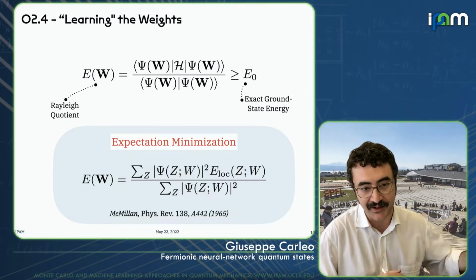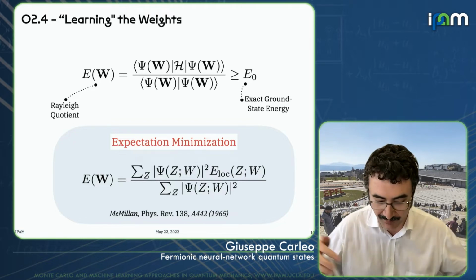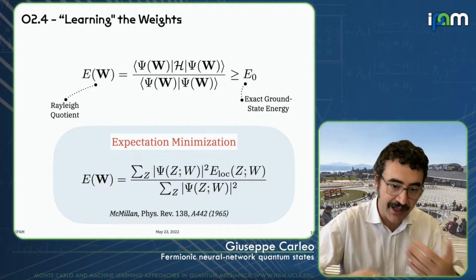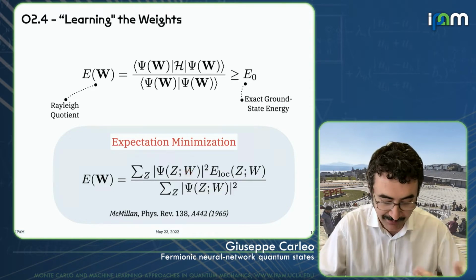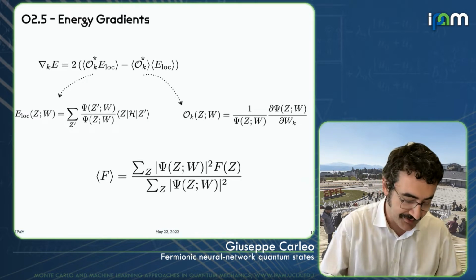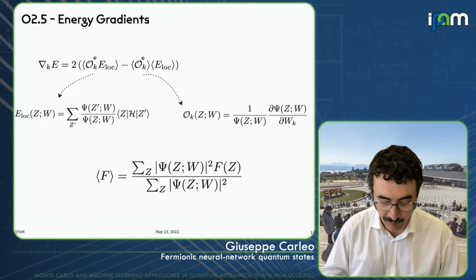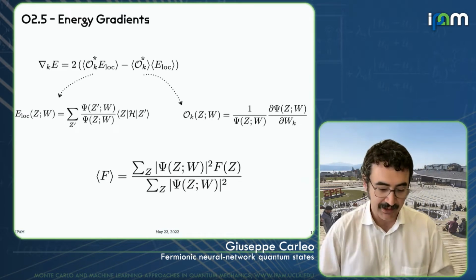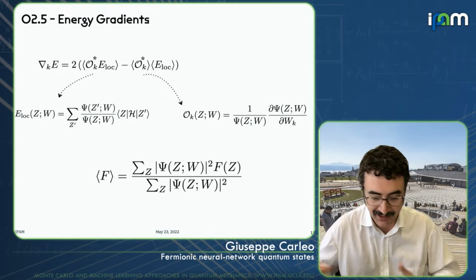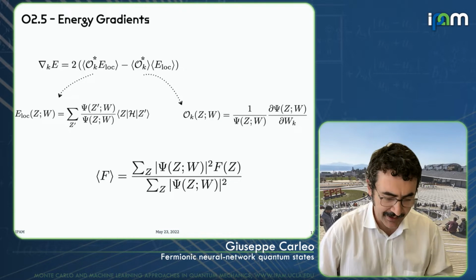We don't have any external data, contrary to, for example, when you try to fit a force field. We have to generate our own data and try to minimize this expected quantity. And we can do so by standard variational Monte Carlo methods, which is very similar to learning in some applications of machine learning.